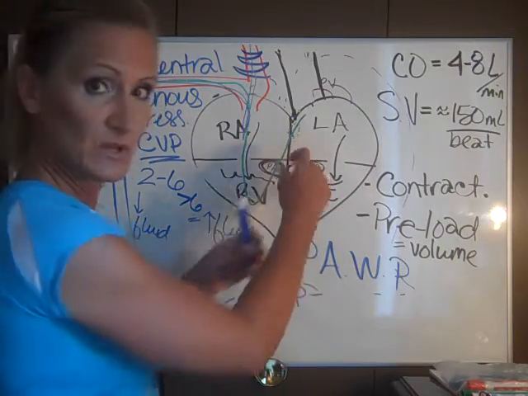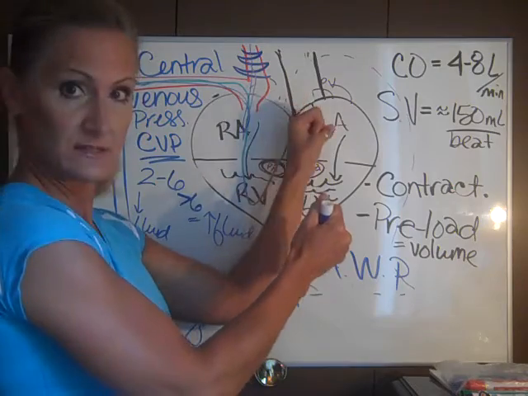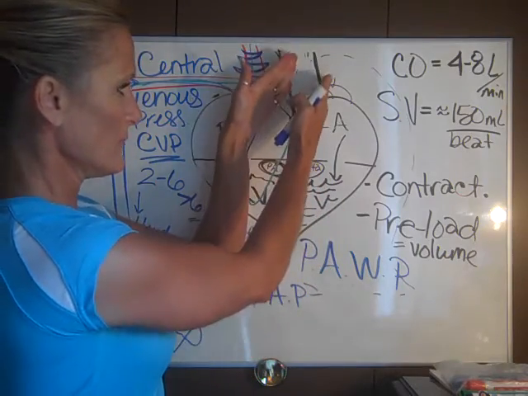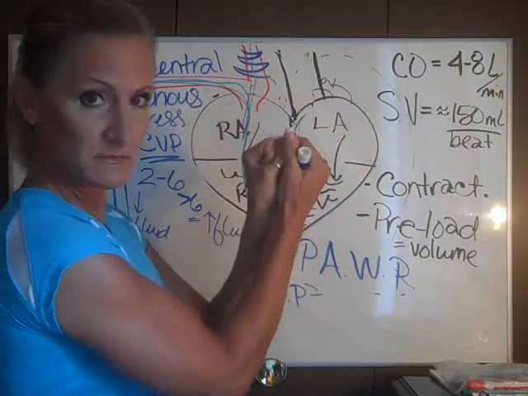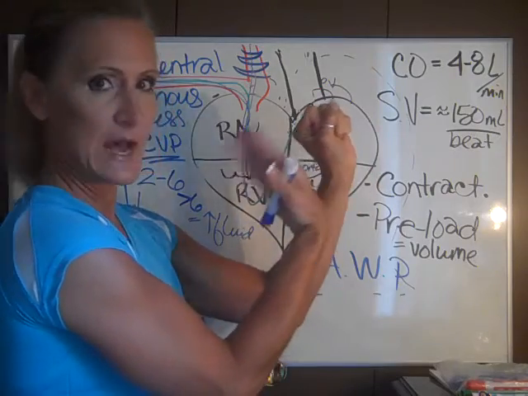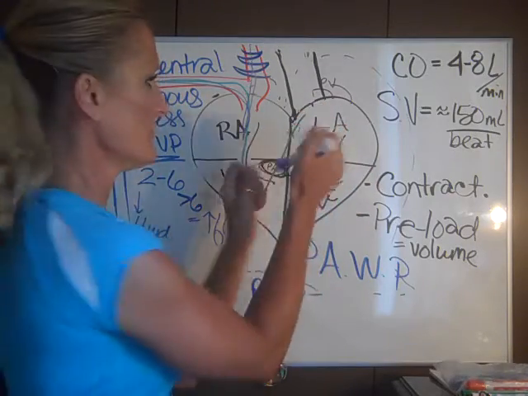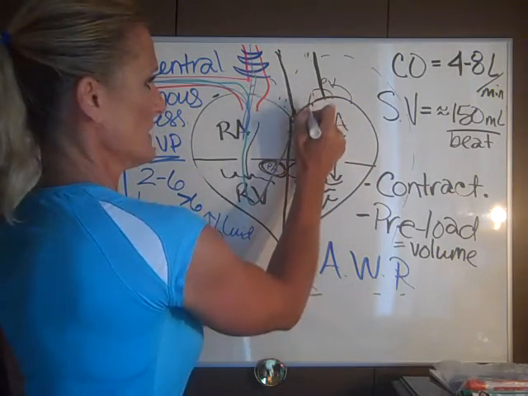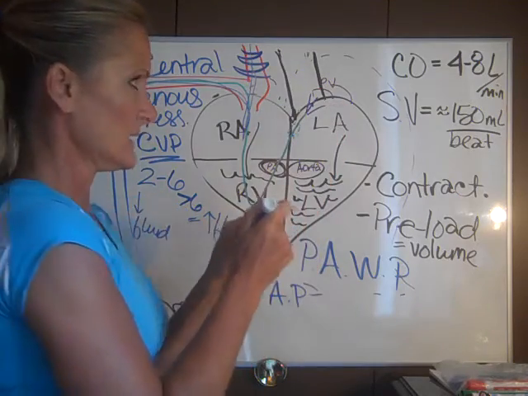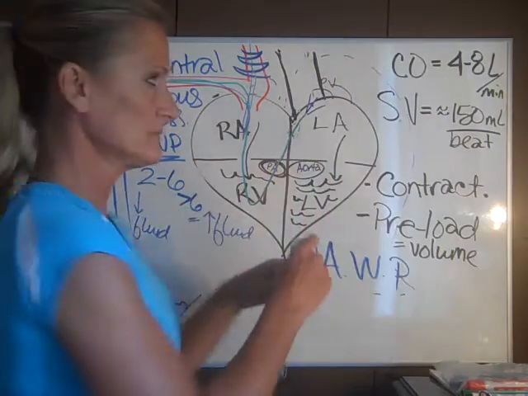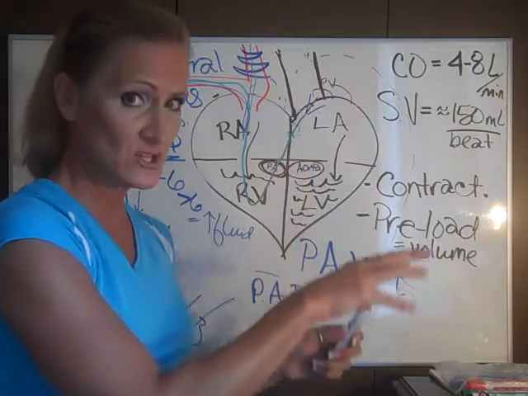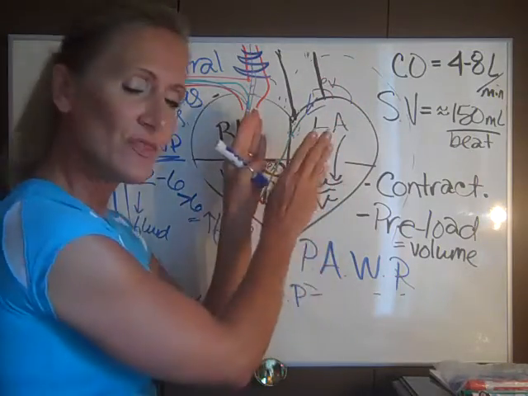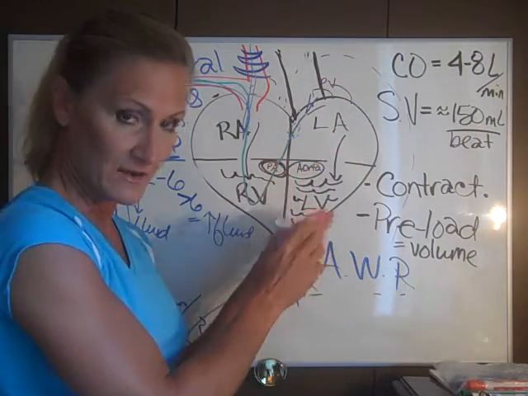When you inflate the balloon, now you've wedged this up into the pulmonary tree. You've stopped all the blood flow behind it, and then there's a little transducer on the end of here, and it reads forward. So it gives you a measure of what's happening on the left side of the heart.